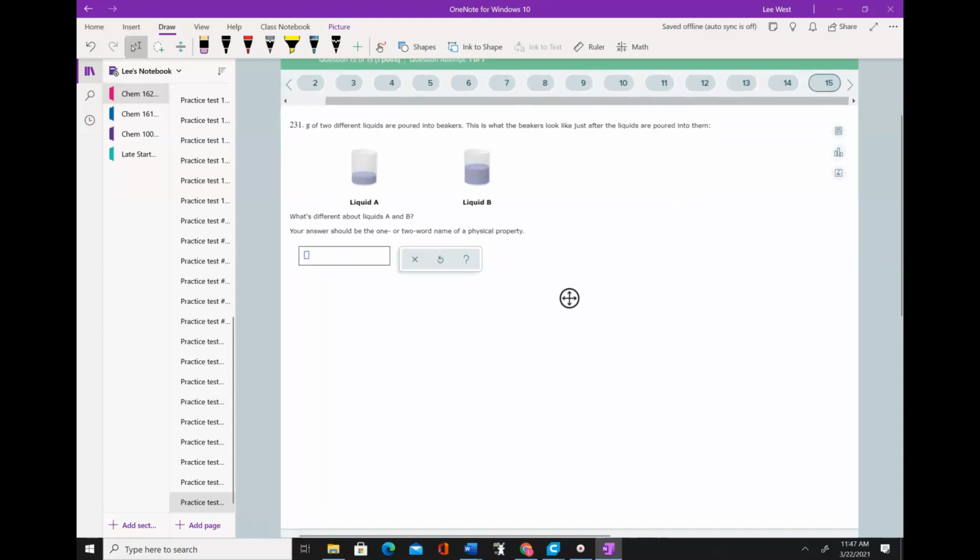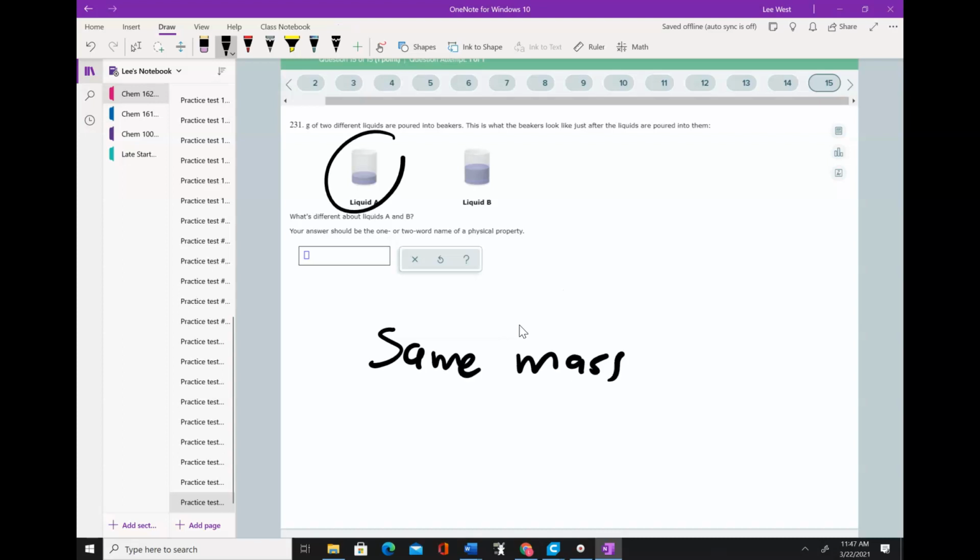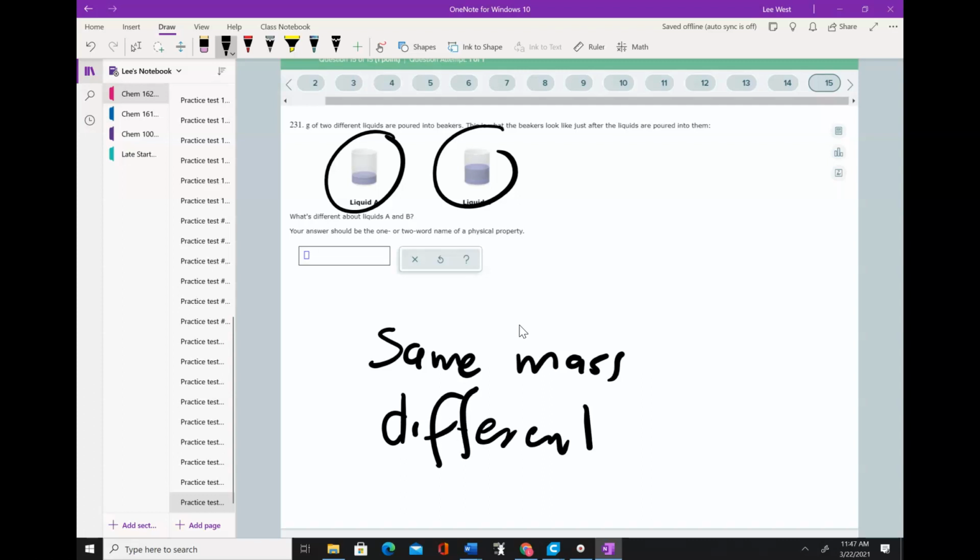So it says 231 grams of 2 different liquids are poured into beakers. Okay, so same mass. But what's obviously different is that they have different volumes. So then it says, what's different about liquids A and B?